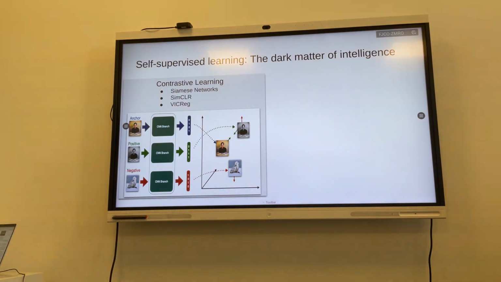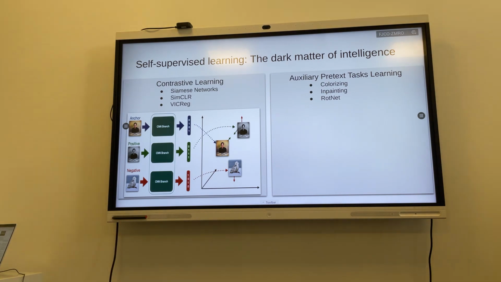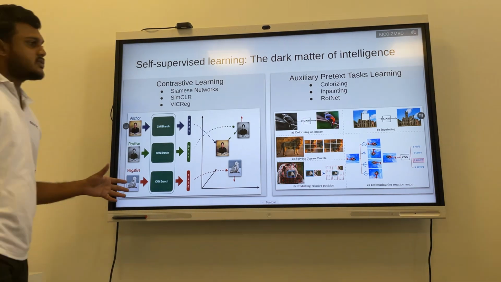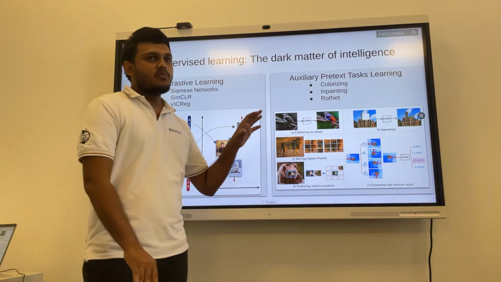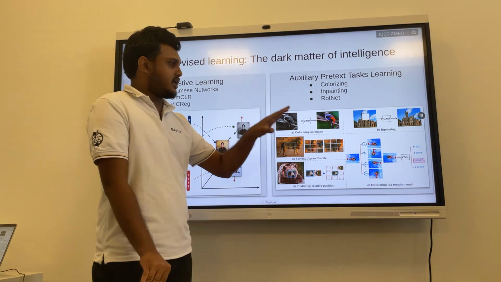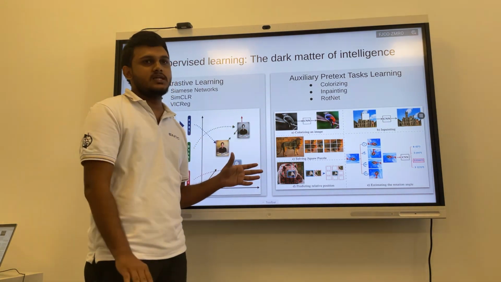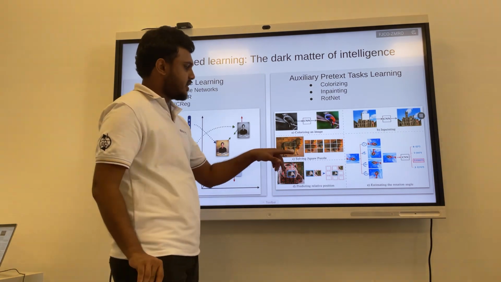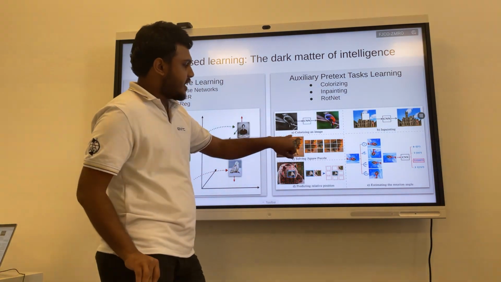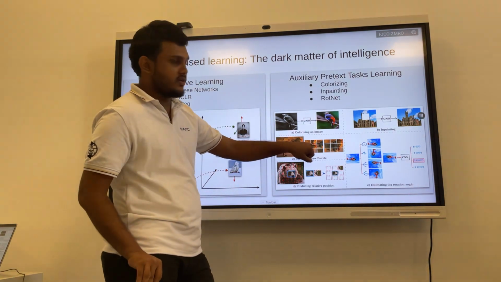The other branch is pretext task-based learning, and things like colorizing, inpainting, and RotNet can be thought of in this way. The basic idea here is we give the model some pretext task. In order to do that pretext task successfully, it needs to learn the features in the image. For example, let's take this: we break the image into patches and then shuffle them.